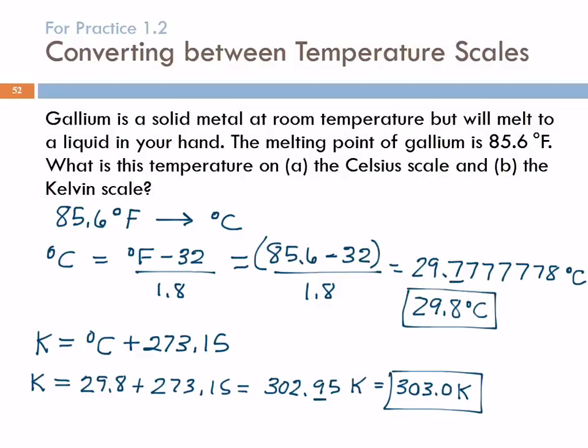Is that going to be a deal breaker? No, because the other answer I ended up with was 302.9. Is that really close to 303.0? Yes, it is. We're going to talk about something called uncertainty, and when we record a measurement, there's always uncertainty in the last digit.